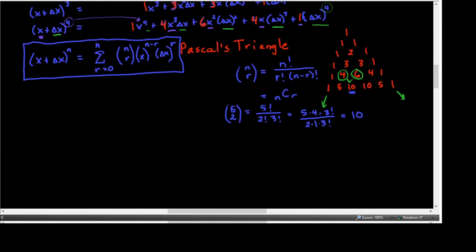So in general, if I wanted to have x plus delta x raised to the nth, this is what it's going to look like.